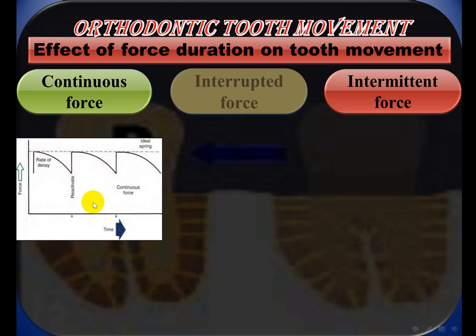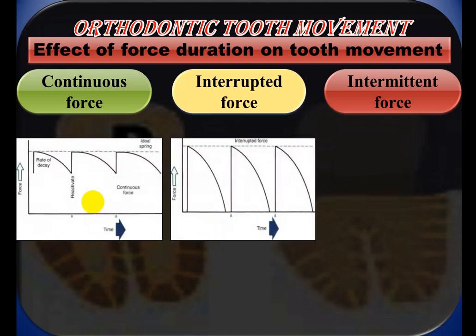While in the interrupted force, after the application of force, it reaches its original optimum force, then after a duration of time it will decline and reach the 0 level.